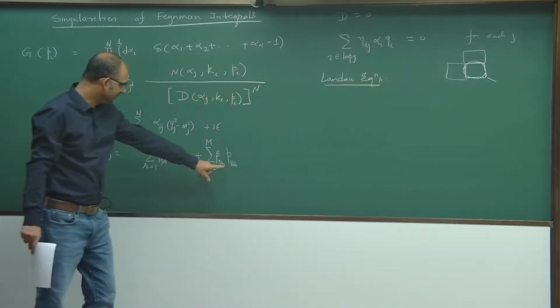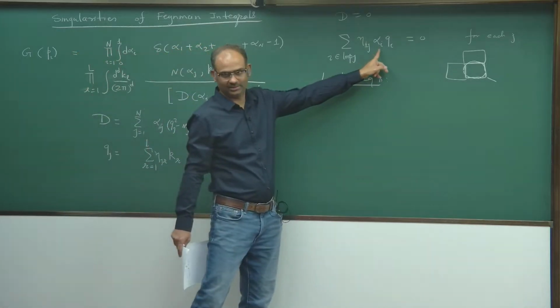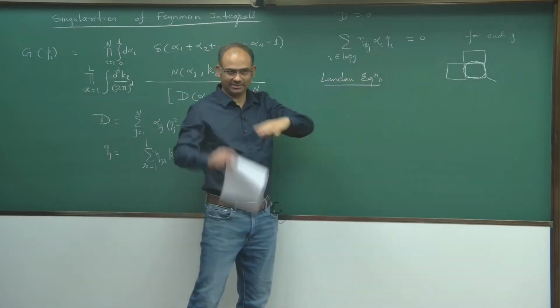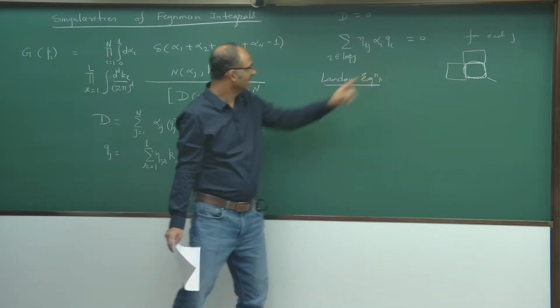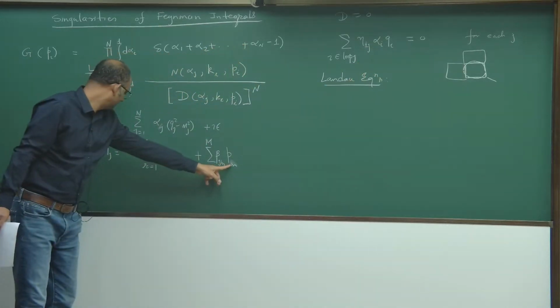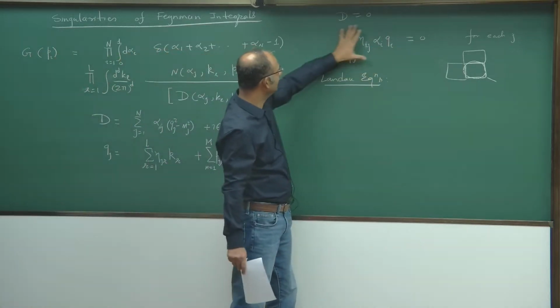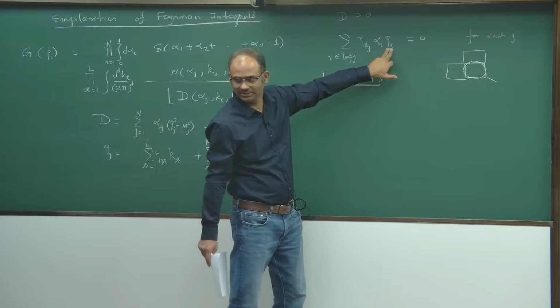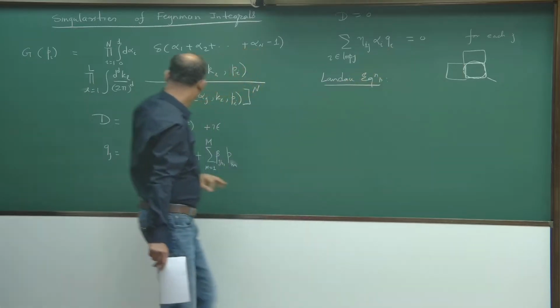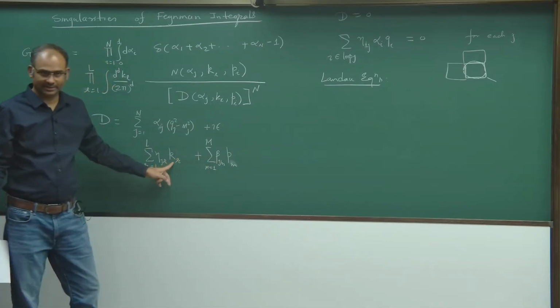If I take the P's to be real, and I want to take alphas to be real, let's see whether I have a consistent set of equations. With alphas real, you will have solutions which are real in Q. These are linear equations. So Q is real, P's are real, which means K will be real.